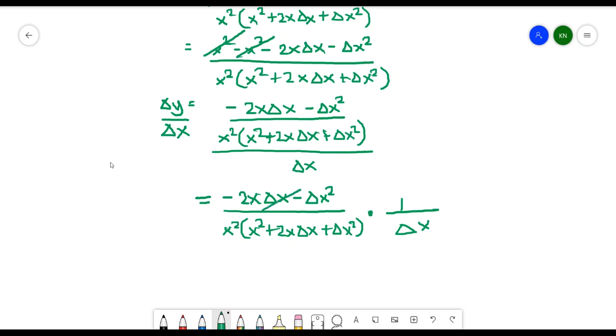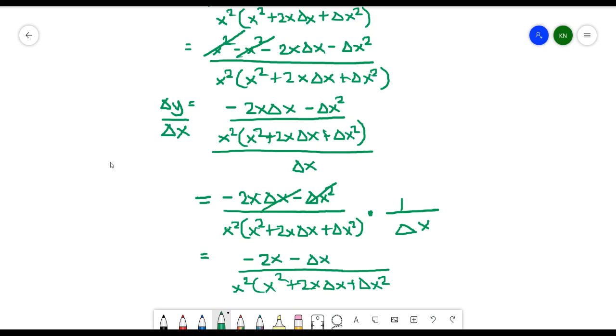So meaning to say this will be cancelled and one of these will be cancelled. So what we have left is negative 2x minus delta x all over the denominator. Copying the denominator, we have x squared times x squared plus 2x delta x plus delta x squared.